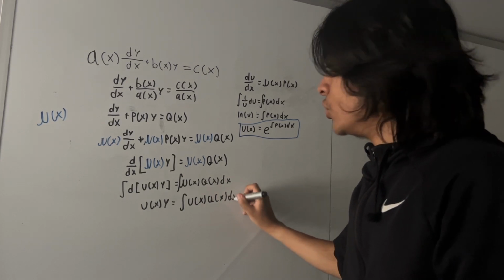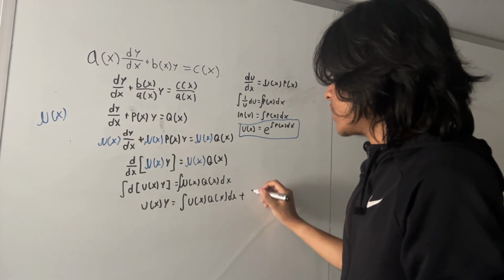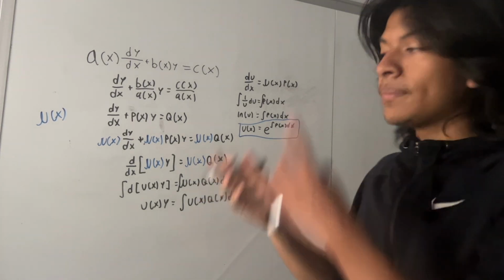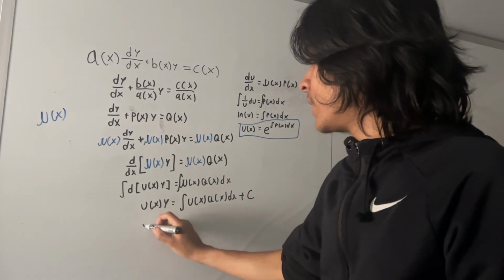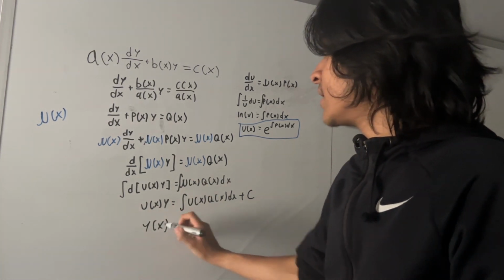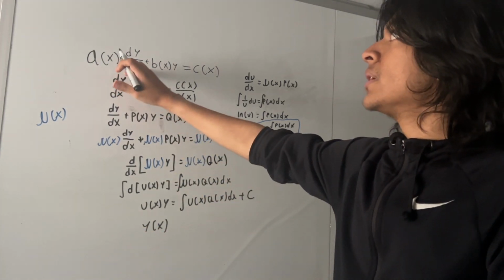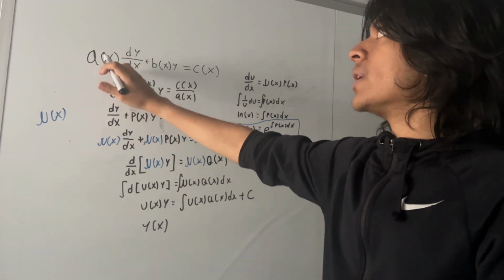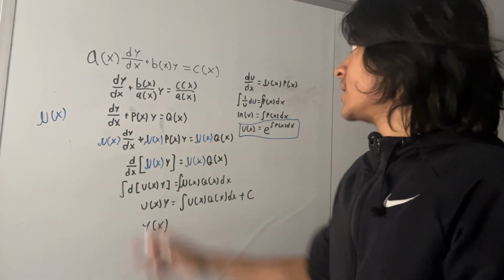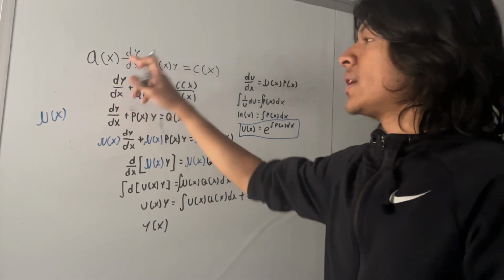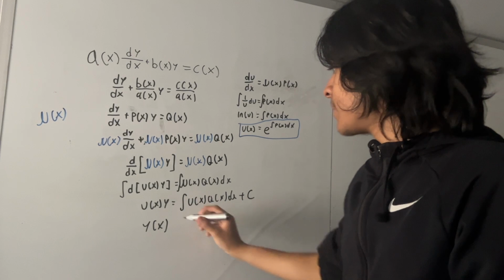However, when we do integrate this, we're going to be getting a constant. So I'm going to introduce that constant right here. And solving for y of x, y is a function of x because the linear differential equation dy dx means that y is just a function of x. This is just an ordinary differential equation, so we could just say y of x.